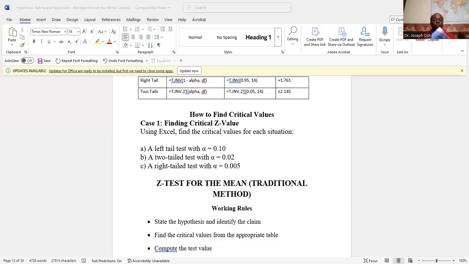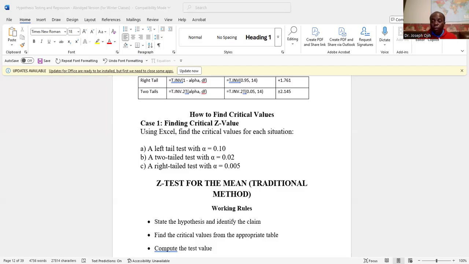C, the right tail test with alpha equals 0.005.